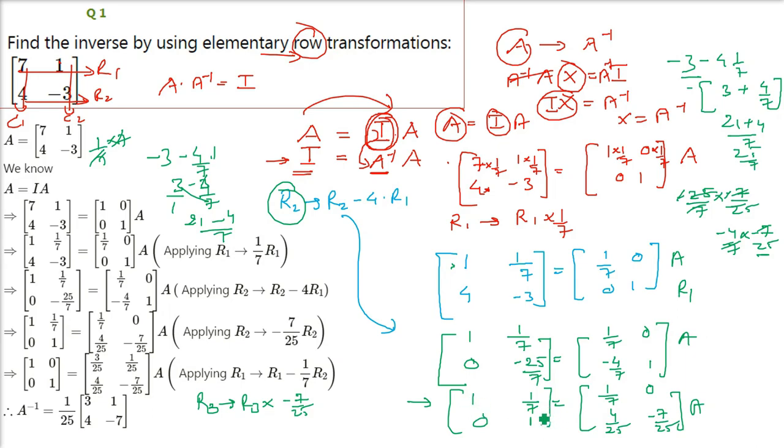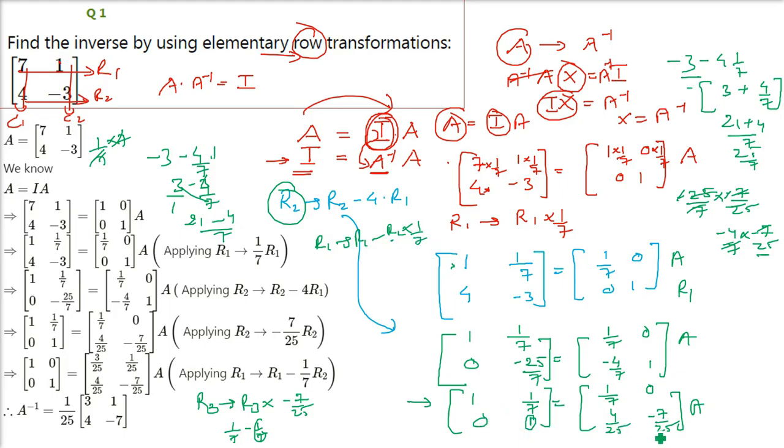But we don't need a 1, we need a 0. And 0 can only be obtained when you use this 1 below 1 by 7. So 1 by 7, if you subtract by 1 by 7, you get 0. You have to multiply this 1 by 1 by 7 and then subtract it with 1 by 7. So whole thing is, row 1 we are changing to row 1 minus 1 by 7 into row 2.